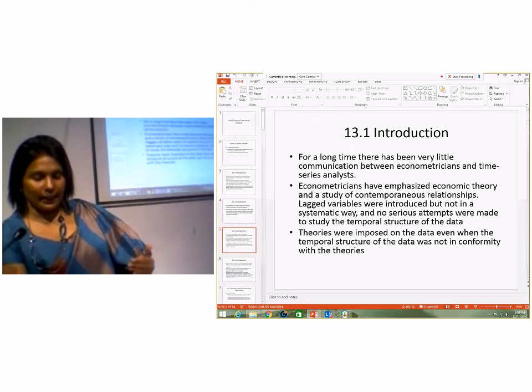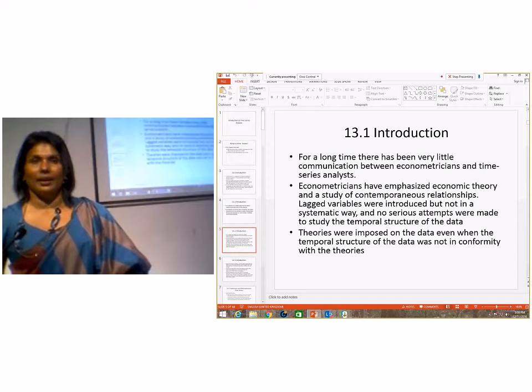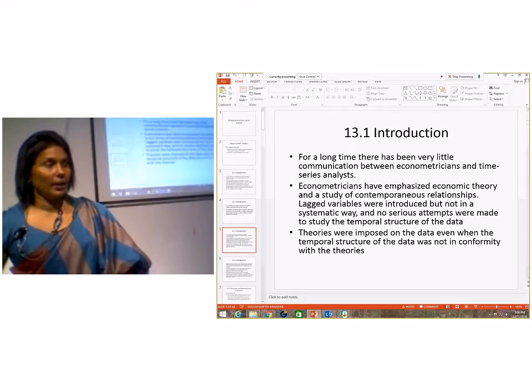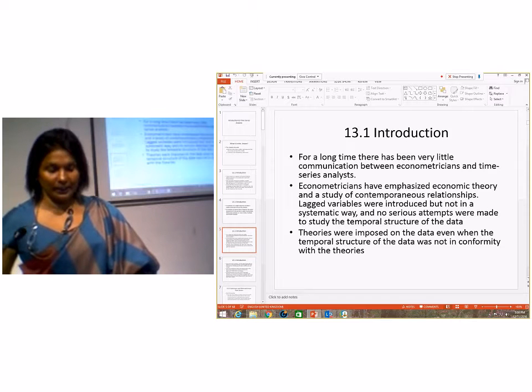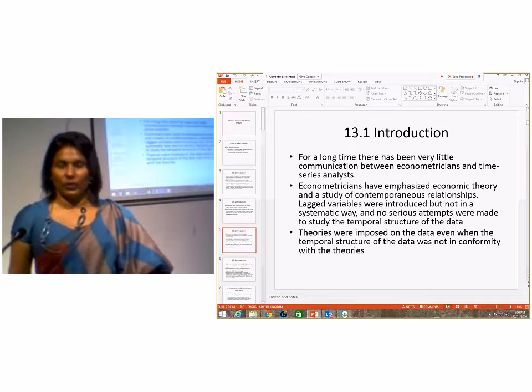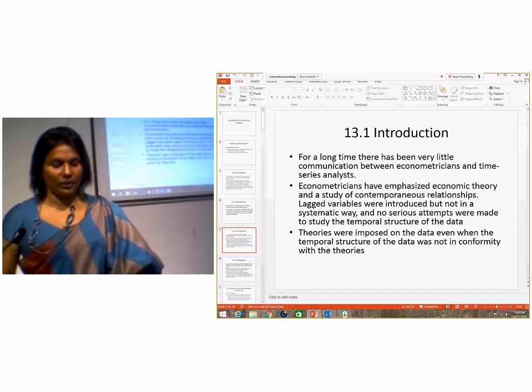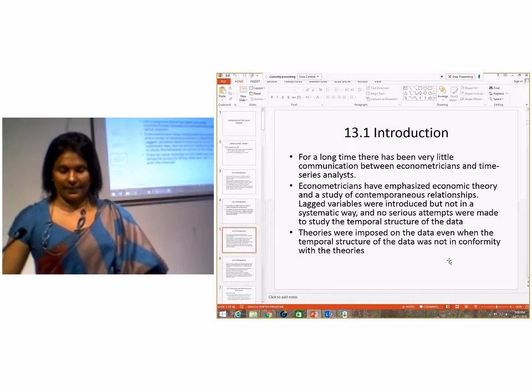So in econometrics, we included lag variables in the model, but not in a systematic way. The theories were imposed on the data even when the temporal structure of the data was not in conformity with the theories.